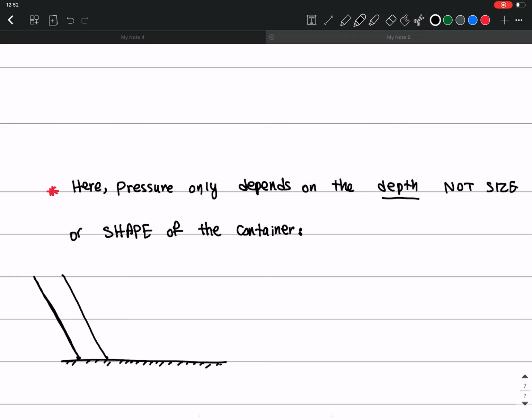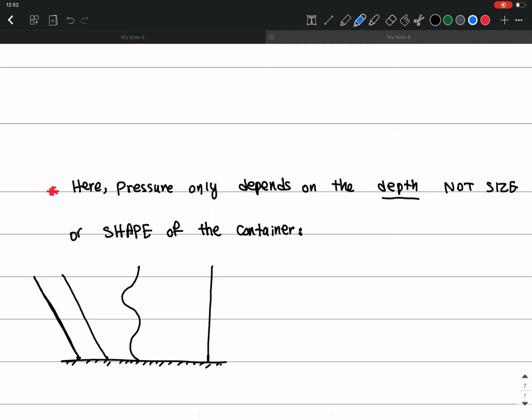It's a weird shape, I know, but I just want to say it doesn't matter what the shape is. And then here we have another one which is a little bit bigger, but with a curvy shape. So the shape is different, and also the size of the container is different. One is bigger than the other one.